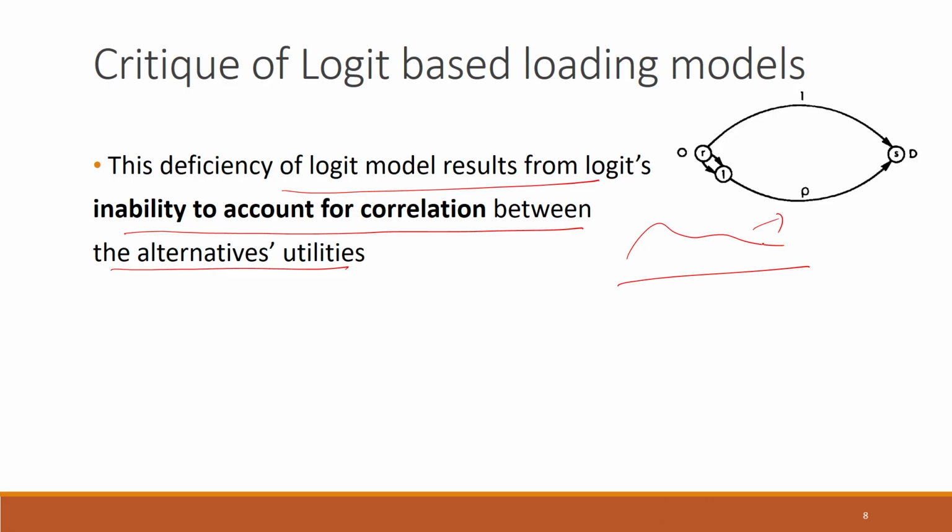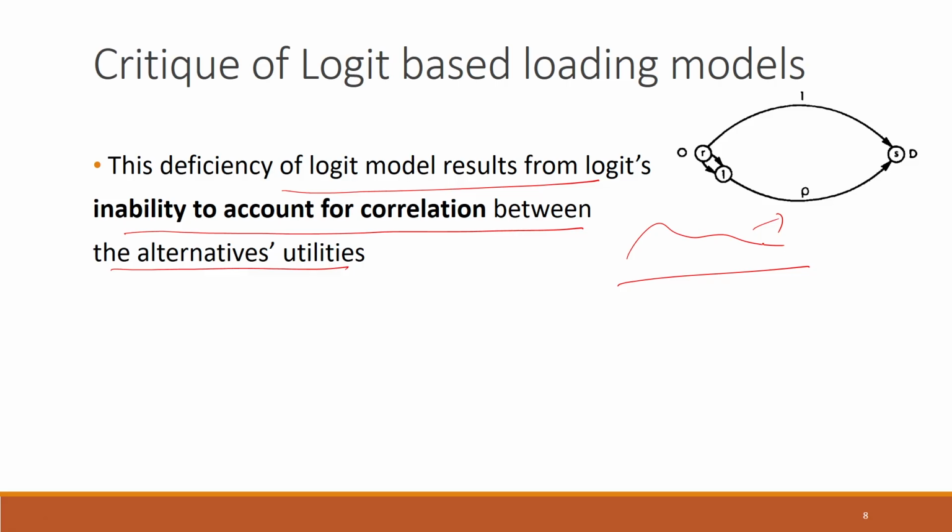The second value that we have picked for the second path's error term is totally independent of what value was picked for the error value of the first path. In that way the error values for these different alternatives, or in this case different paths, are independent of each other.